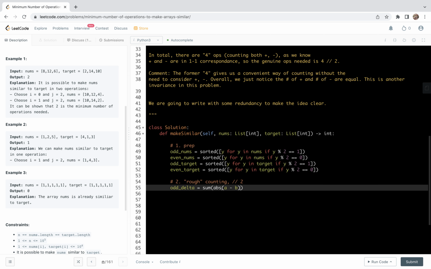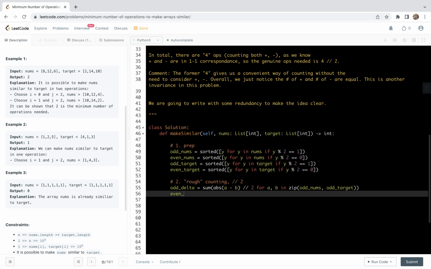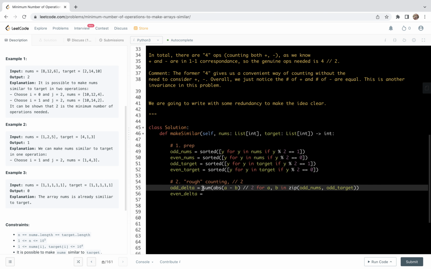We want to count the absolute difference of numbers in the odd nums and odd target, and then we're going to divide this by 2, right? We want to see how many operations we need to make to match the numbers A and B in the corresponding position. So for A, B in zip, odd nums and odd target. So this is the one. And similarly, even delta, or operations, I would say, maybe more precise.